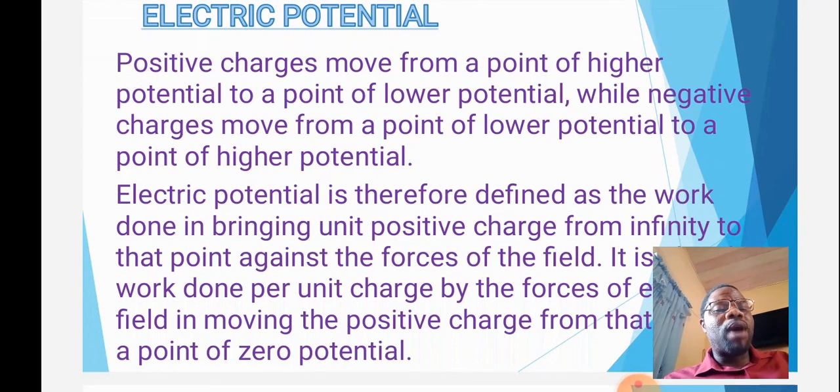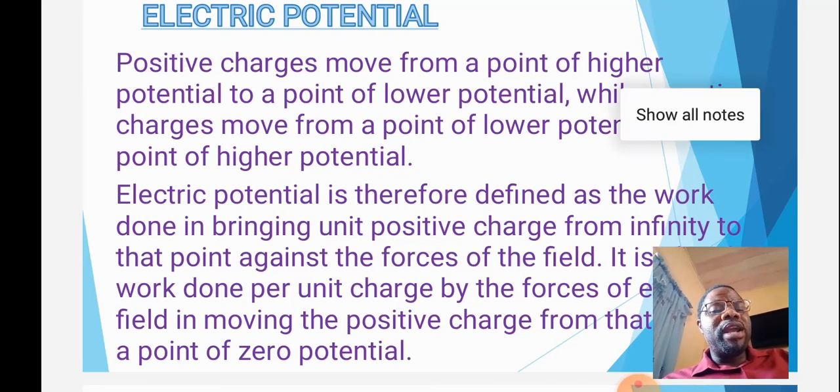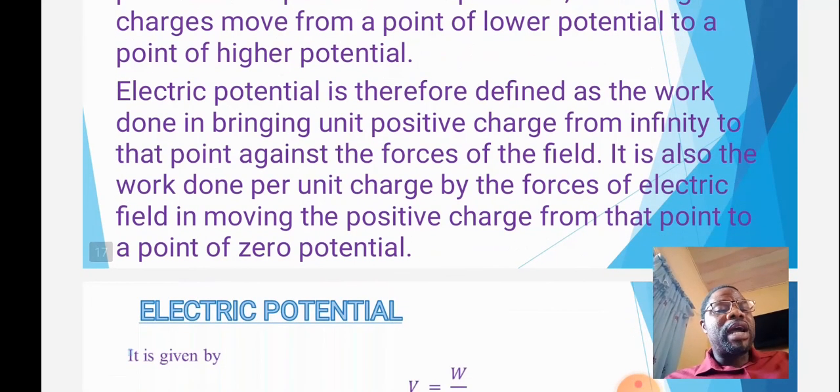So therefore, we now define electric potential as the work done in bringing unit positive charge from infinity to that point against the force of the field. We can also define it as the work done per unit charge by the force of the electric field in moving the positive charge from that point to the point of zero potential.